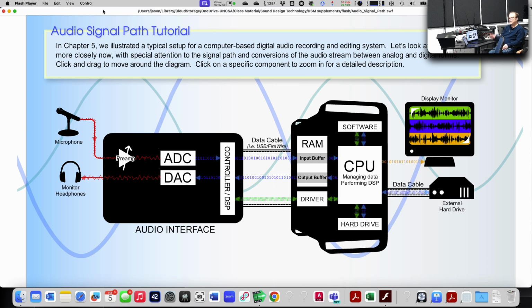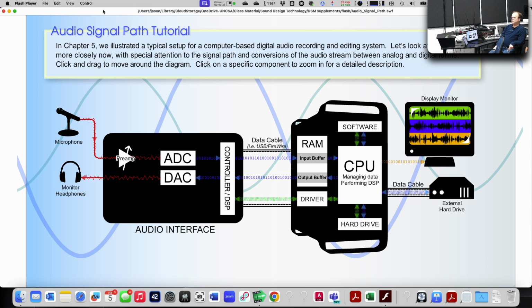And then the sample that it captures represents essentially an amplitude value of the analog audio wave, and that sample can be of varying sizes. What I mean by that is the number of bits it's using to count that number.